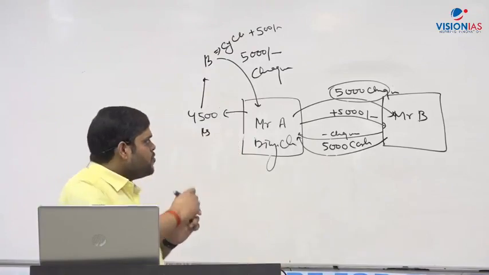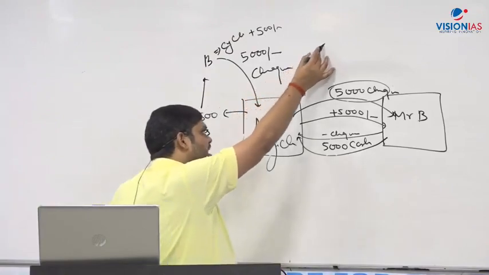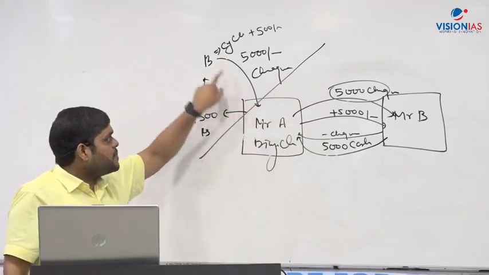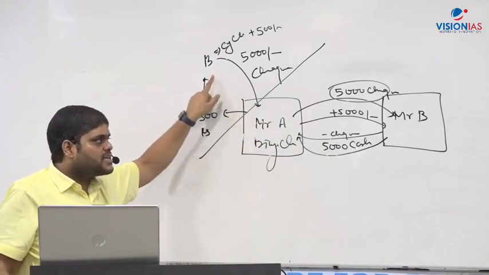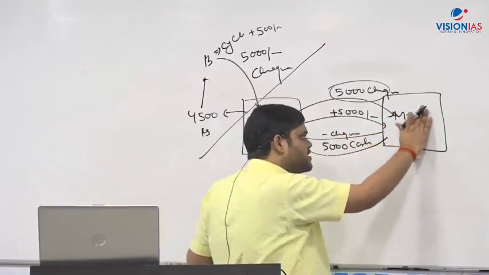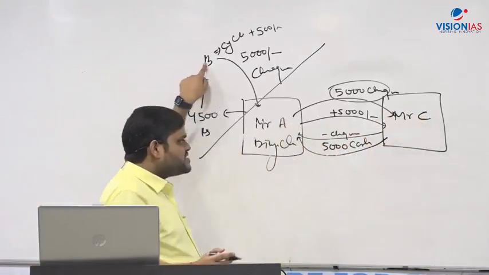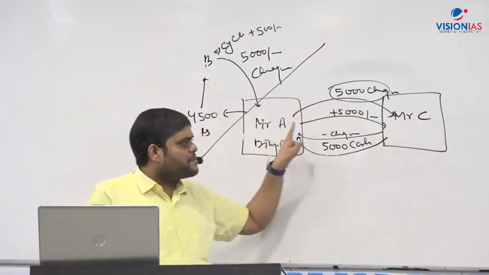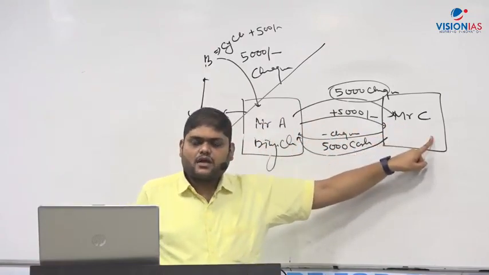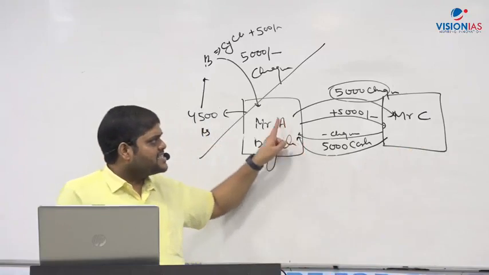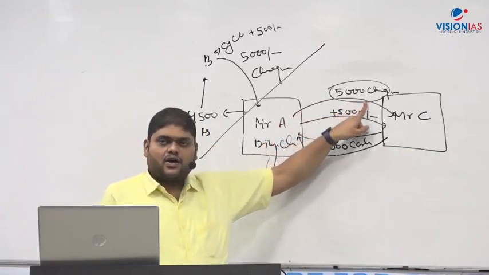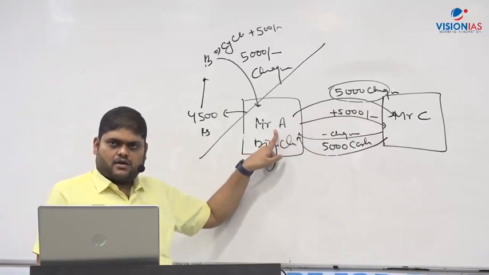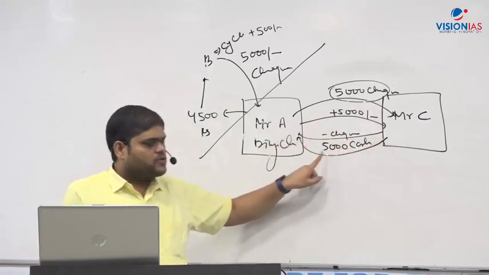So if I remove this case, don't think about this transaction between A and B. Sorry, this is B, this is C. Suppose, think about the transaction between A and C. That 5,000 check which bounced belonged to Mr. A. That person gave 5,000 cash.